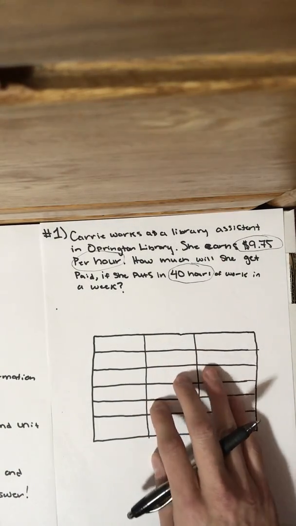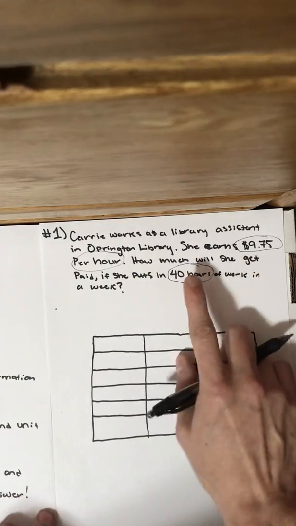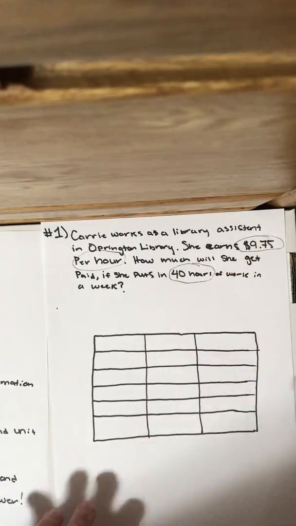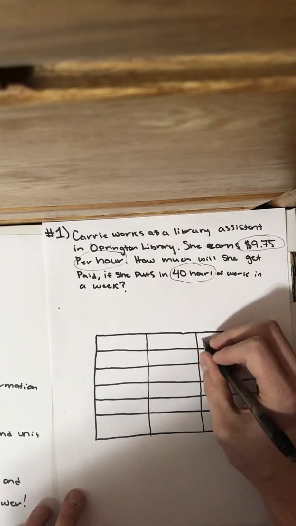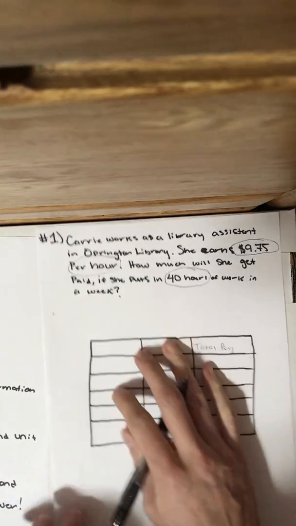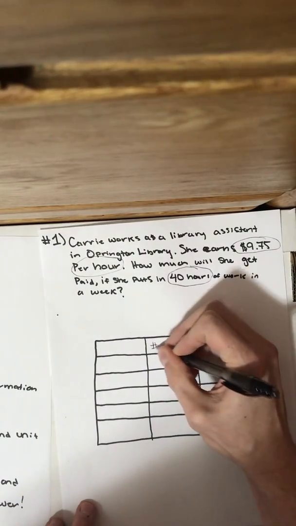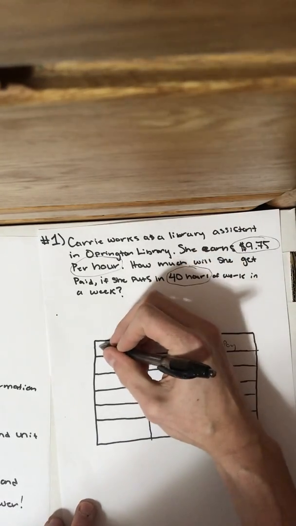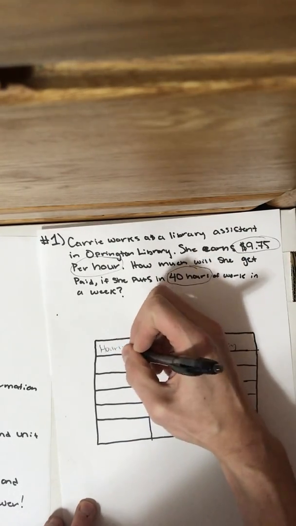So we need to know how much she makes if she works 40 hours in a week. For this last column, I'm going to put the total pay, the middle one, number of hours, and in this first one I'll put the hourly pay.